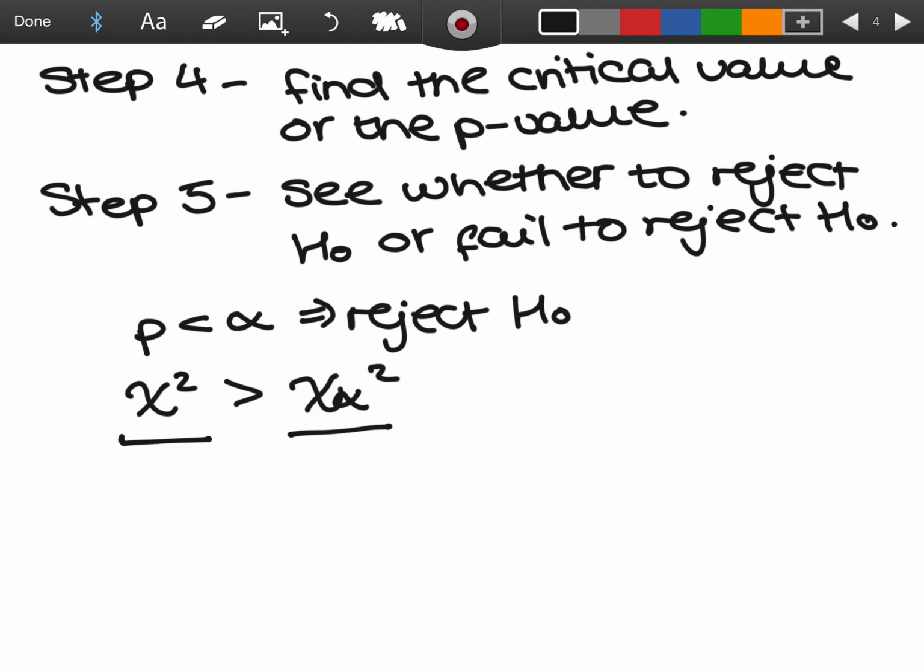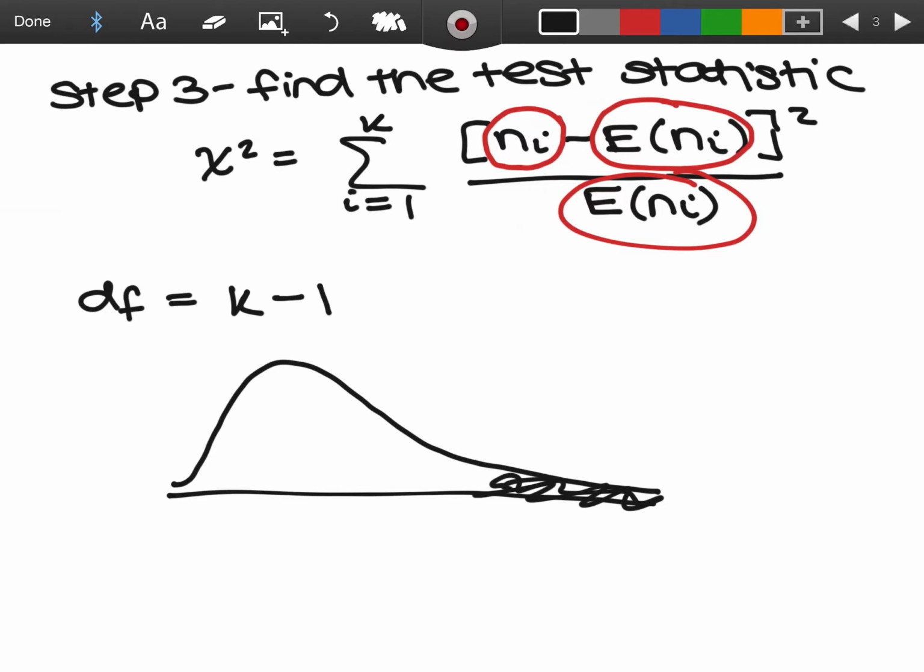I've always told you to look in the danger zone. It depends if it's one-tailed, two-tailed, left-tailed, right-tailed, whatever it may be. But because of what the chi-square distribution looks like, everything you do is one-tailed. Which means when you find that critical value, you're actually finding this value here, chi-alpha square.